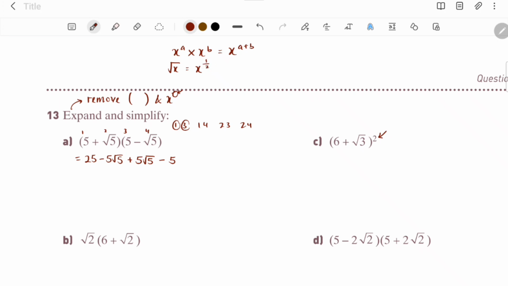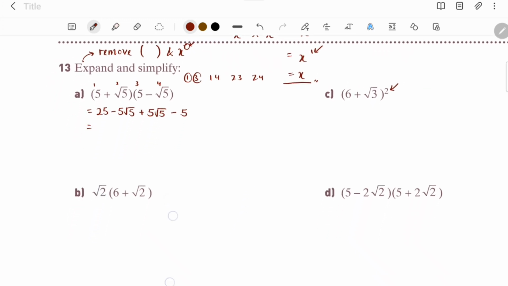So if the power 1 over 2 multiplies with 1 over 2, you get 1 over 2 plus 1 over 2, eventually you get 1. So 1 we don't write, so we straight write x. That's why we get 5.